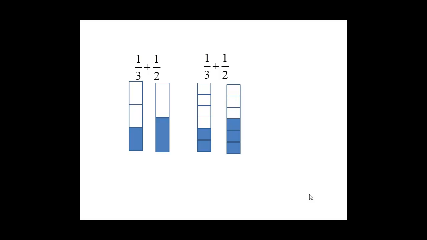Can you see that 3 pieces out of 6 is the same amount as 1 piece out of 2? We can rewrite this problem now as 2/6 plus 3/6. We have a common denominator now, and when we add those pieces together we get 5 out of 6. So we get our answer as 5/6.